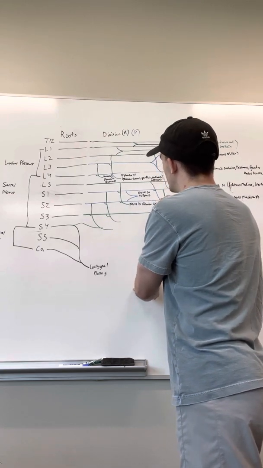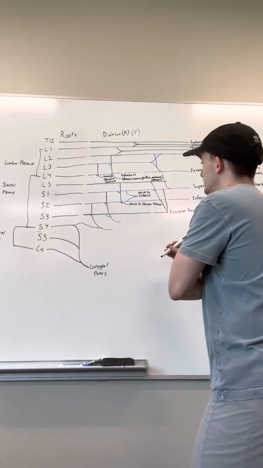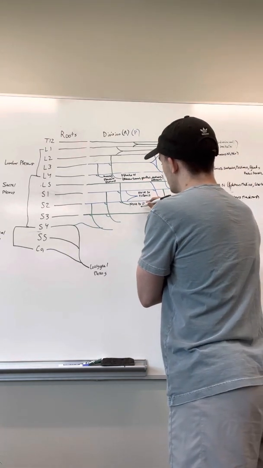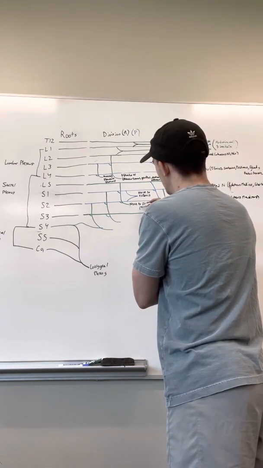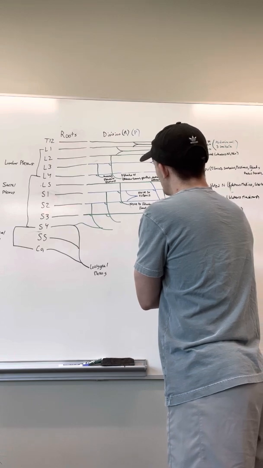So nerve to obturator internus, which is again from L5 to S2. This is also the gemellus superior.